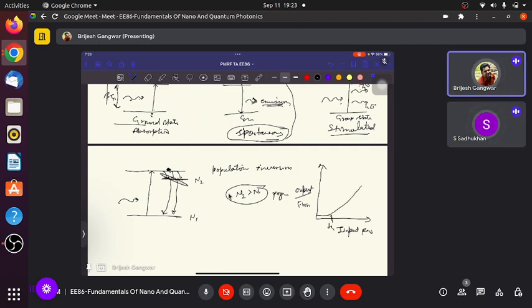You saw this type of curve. In this region there is only spontaneous emission. After some time the population inversion condition will be satisfied.